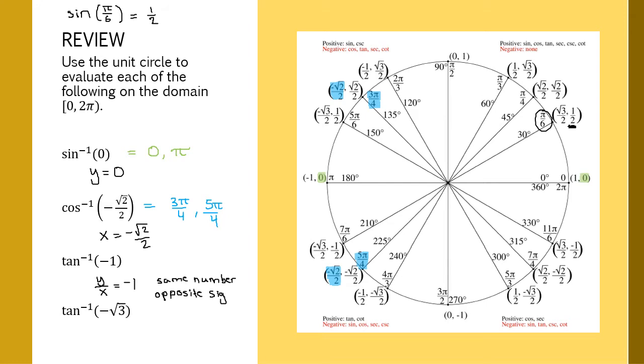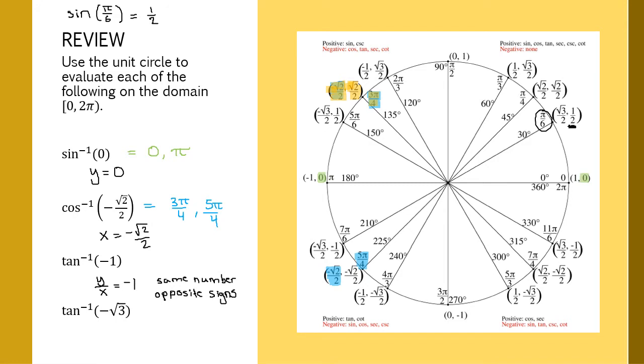So I'm looking for places on the unit circle where y and x are the same number, but one is positive and one is negative. So I see that up here, x and y are both √2 over 2, but in this quadrant the x value is negative and the y value is positive. So that's that angle of 3 pi over 4 again.